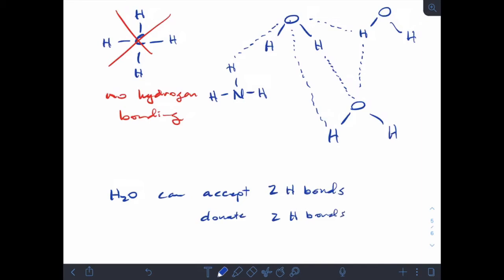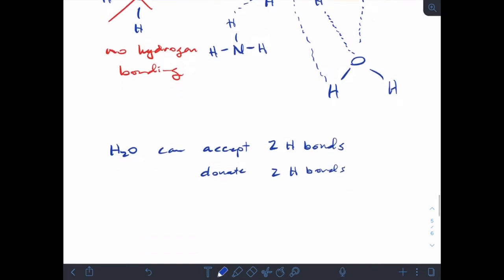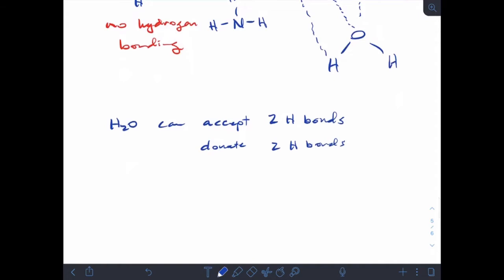Because each oxygen can, and in my illustration above, I put too many on that top oxygen, but each oxygen can accept 2 hydrogen bonds, and because we have 2 hydrogens bonded to an oxygen, it can donate 2 hydrogen bonds.